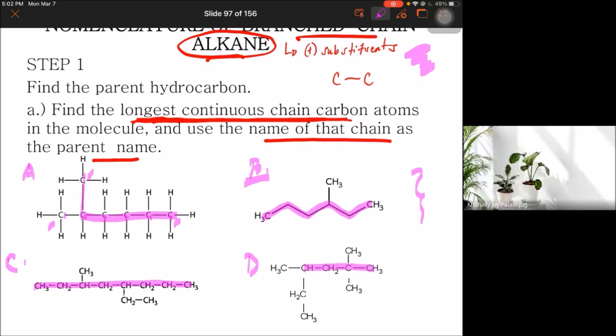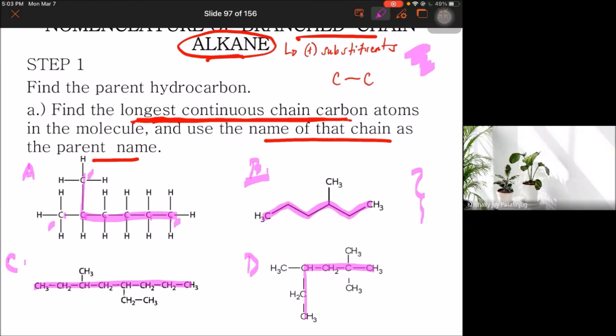That is what I said: when you try to look for the longest continuous chain, take note that the longest chain may not always be obvious from the manner in which it is written in the structure. That's why you really have to do trial and error. You really have to look for it. Sometimes in a structure the longest chain is not obvious. It can zigzag.